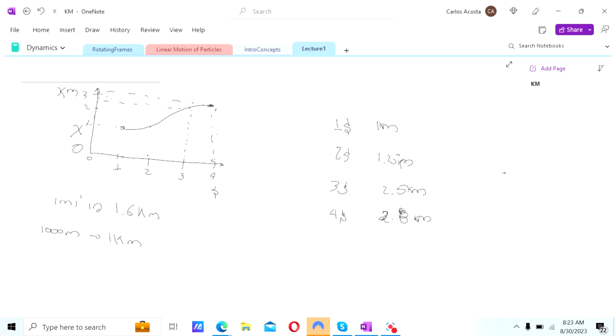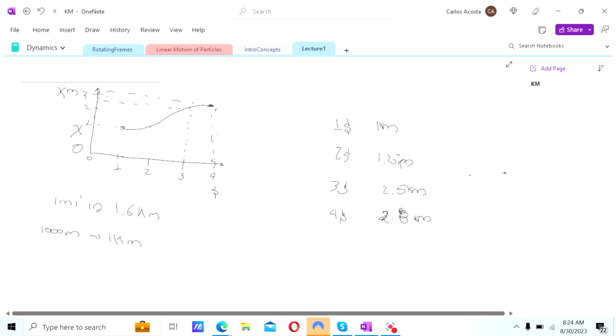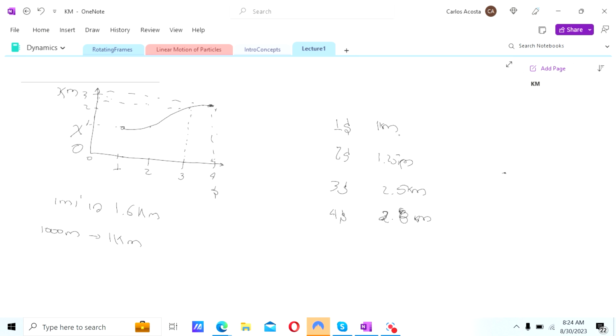Wow, that's a lot of distance in very few seconds. Well, that is not very doable because I don't know what system will be able to do this, because the speed of light is around 300,000 kilometers per second, but I don't know.